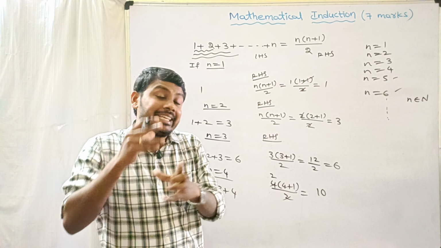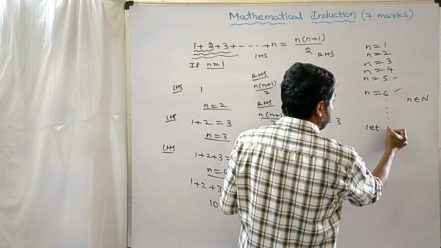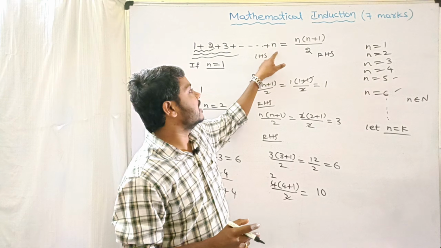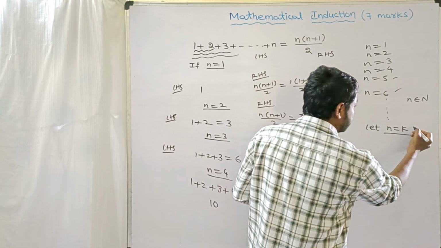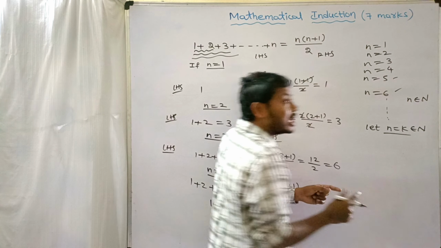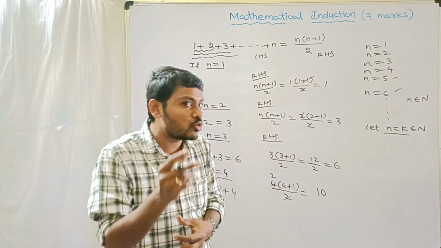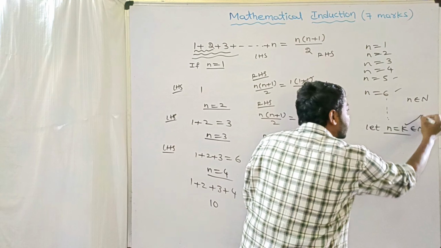You can consider any natural number, for example, let n equal k. You already proved the given statement is true for natural numbers, so let us consider n equal to k. Here k is also a natural number, which means the statement is true for natural numbers, so the statement is true for n equal to k also.